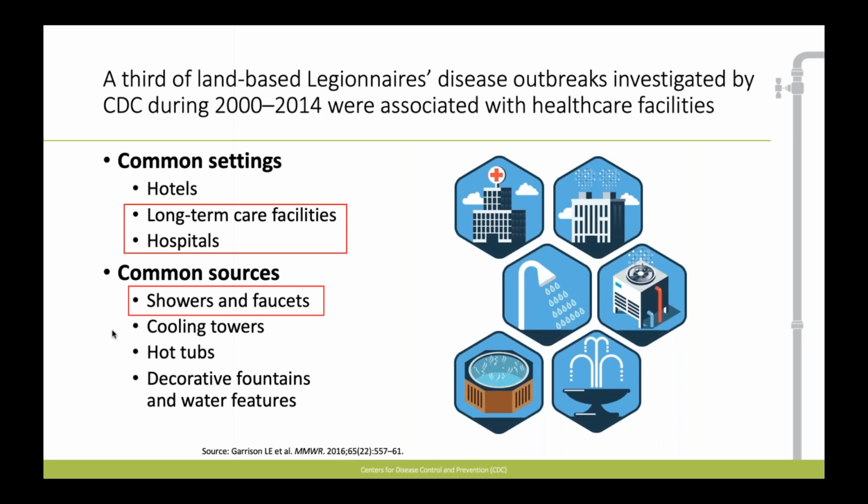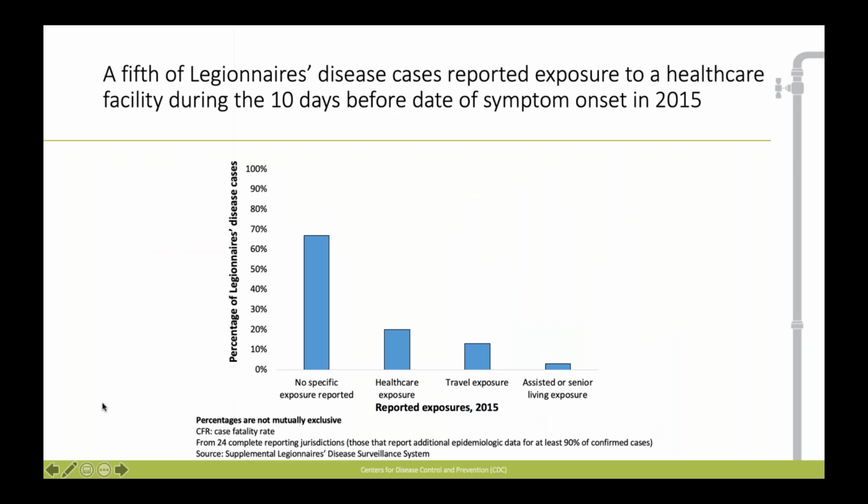And among those outbreaks, a majority of them had some association with a shower or a faucet, which is a type of aerosolizing device, which is quite commonly present in healthcare facilities and long-term care facilities. In addition to clusters typically being associated with these kinds of large buildings, the cases that are identified with healthcare also have a slightly higher rate of fatality and negative consequences.